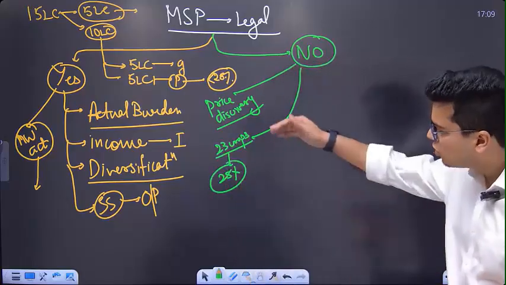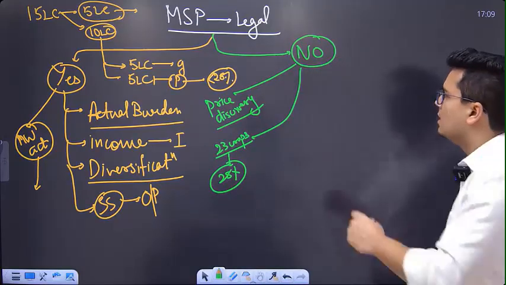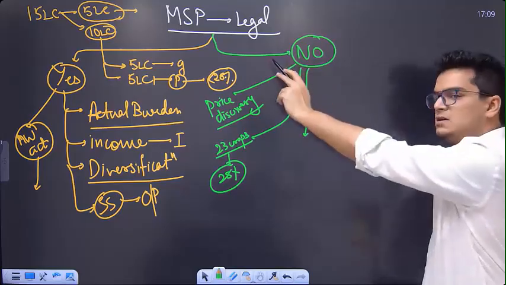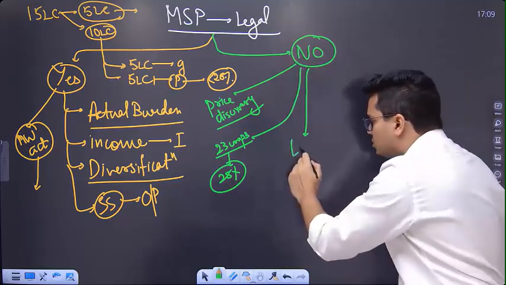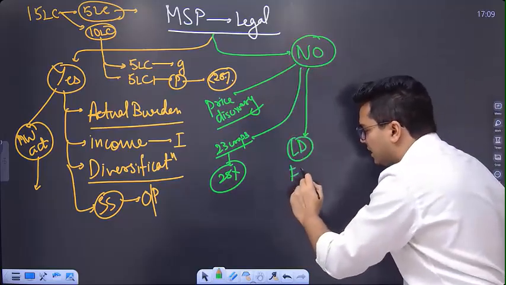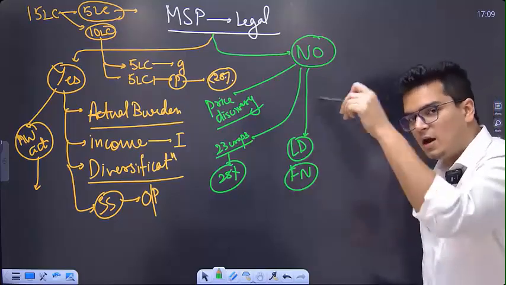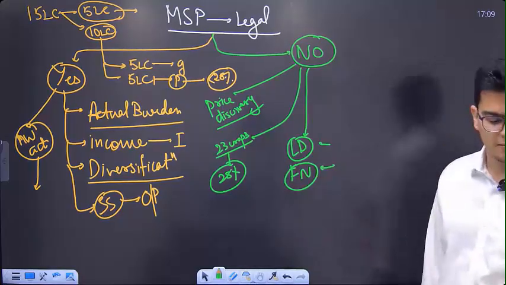So this is not the answer to India's farm distress. Then legalizing it means that all procurement now has to be done at MSP. If it is not done at MSP, it is a crime. So it will be a logistical disaster and a fiscal nightmare. Why? Because private traders will not buy. Government now has to buy. Logistically, it is a problem. Fiscally, it is a problem.